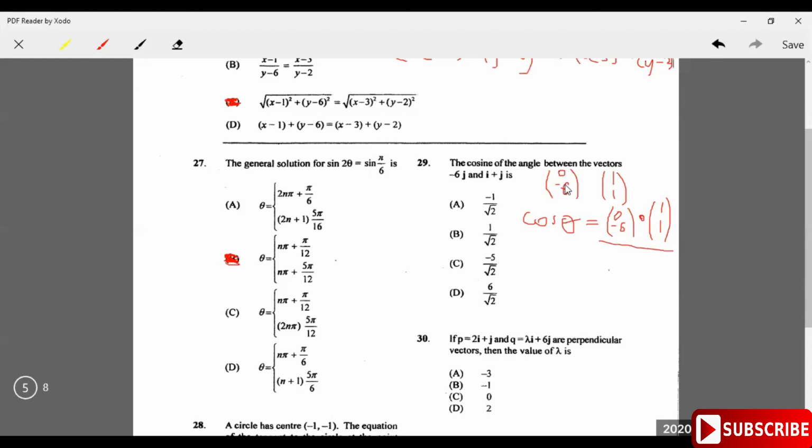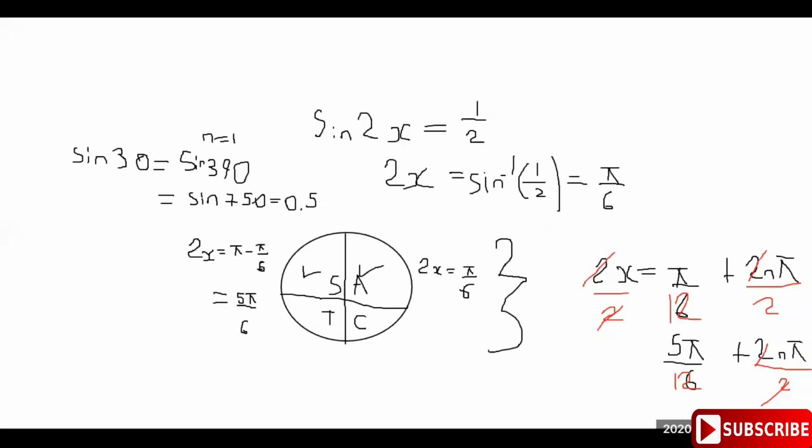Now the modulus of 0, -6, that's just 6. Think about it. You don't need to find a squared plus b squared all square rooted, right? That clearly has a length of 6. Because if you were to sketch it, let's say you were to look at it on a graph.